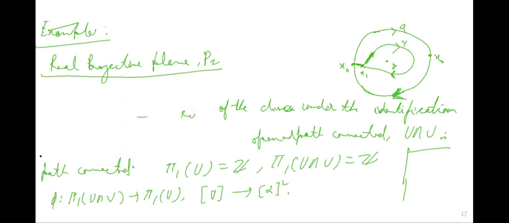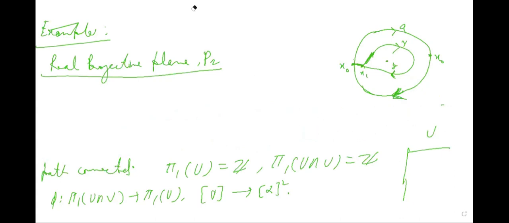So by the Van Kampen theorem, we have pi1 of P2 is going to be isomorphic to pi1 U star pi1 V. So pi1 U is Z, pi1 V is the trivial group.